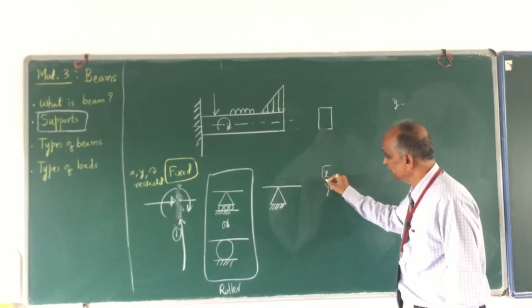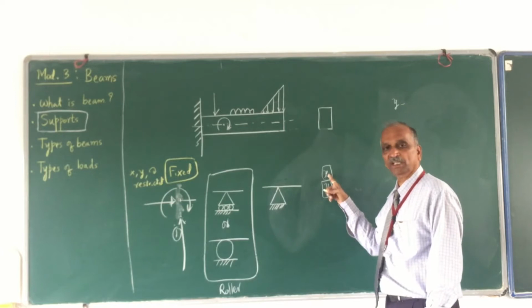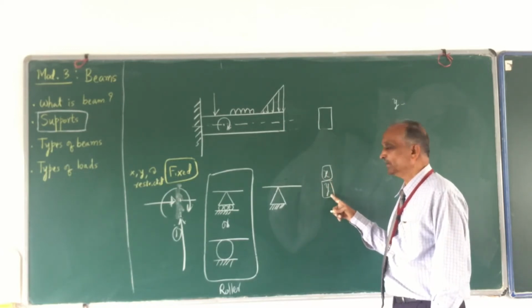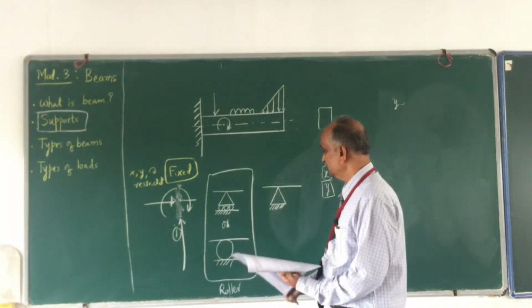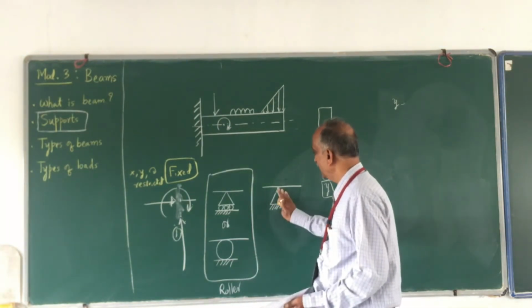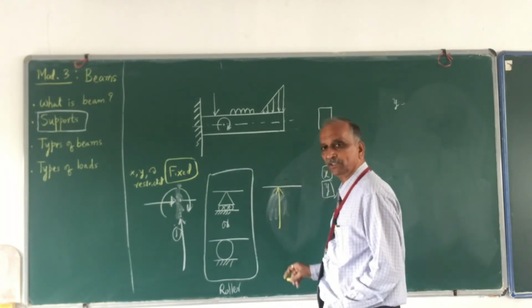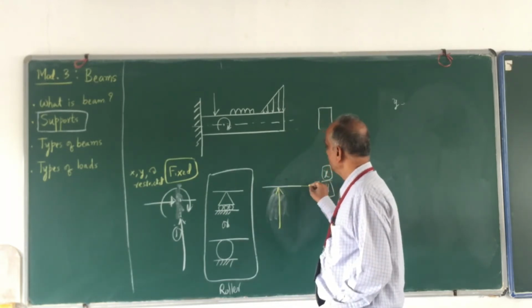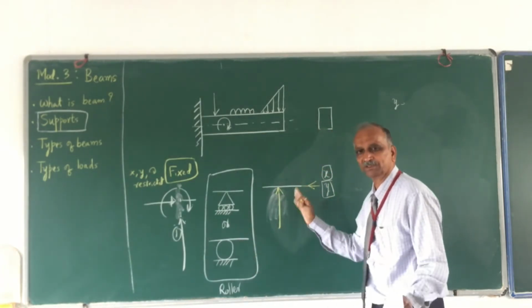Therefore, to stop this motion, you need to have a force in x direction. You need to have a force in y direction. And therefore, the hinged joint shall offer two reactions, one in y direction, the other in x direction. Whatever the direction, it may be this way or it may be downwards, it doesn't matter.